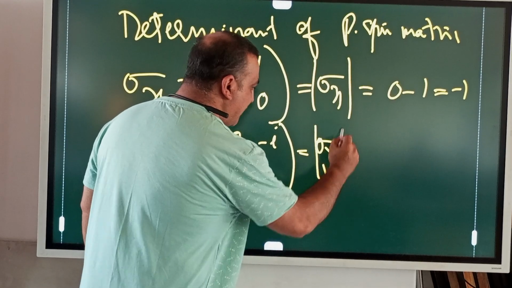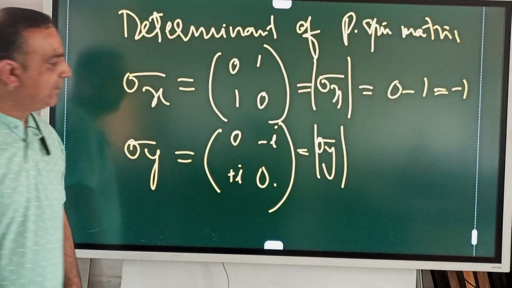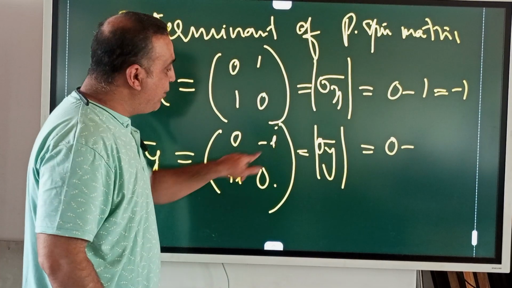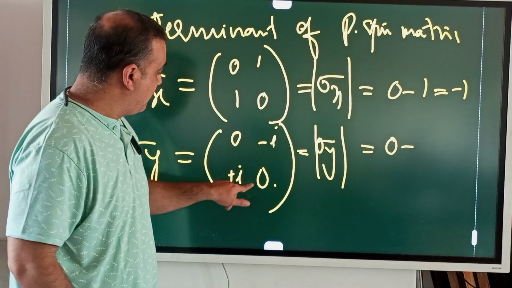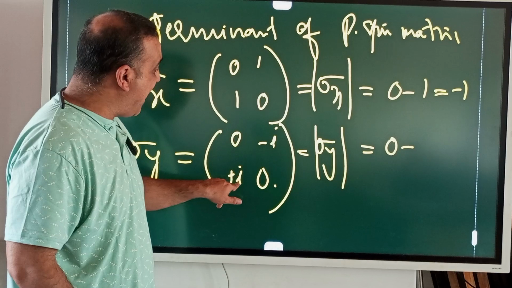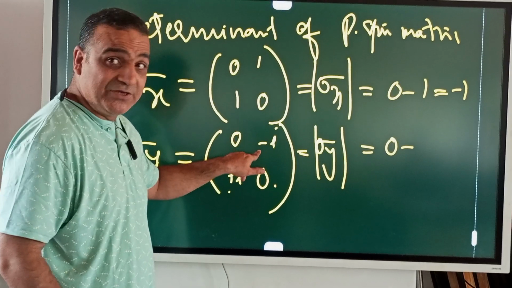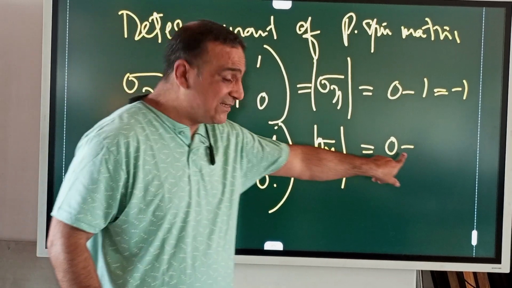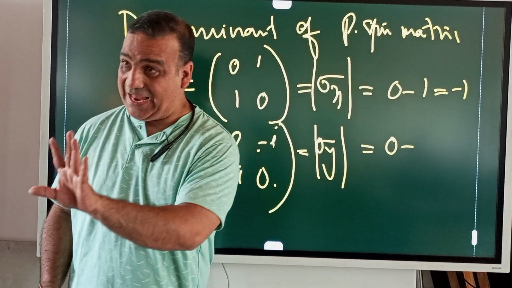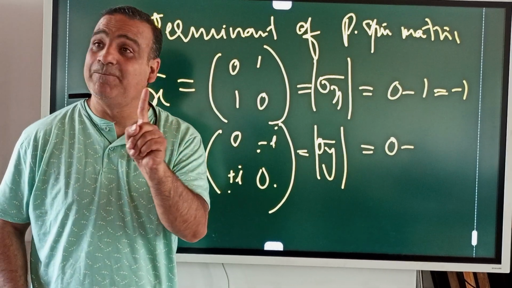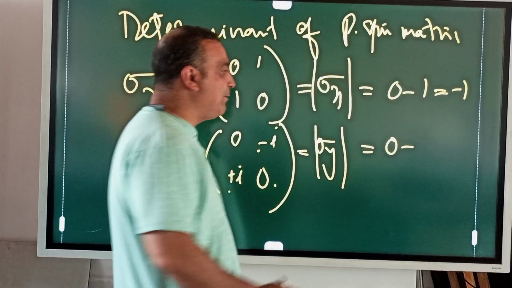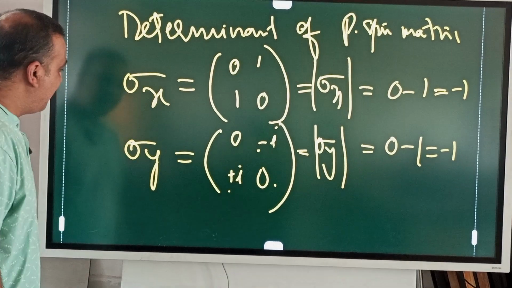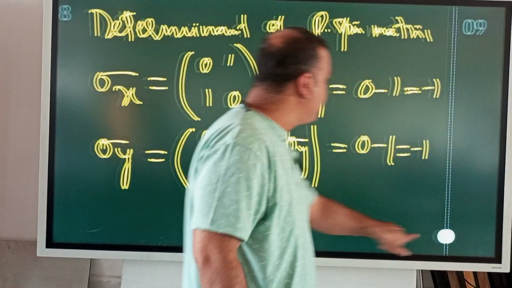That will be 0 minus iota square, minus iota times iota. So we have the original minus, and the minus that you will have here will make plus. Finally you will be left with iota square, and that will give us minus 1. So I will write here minus 1.